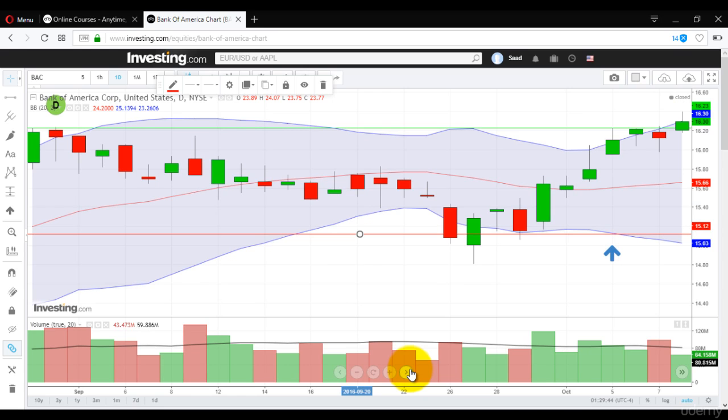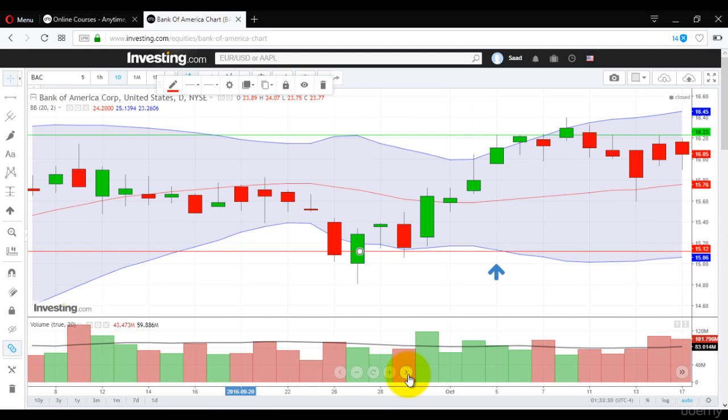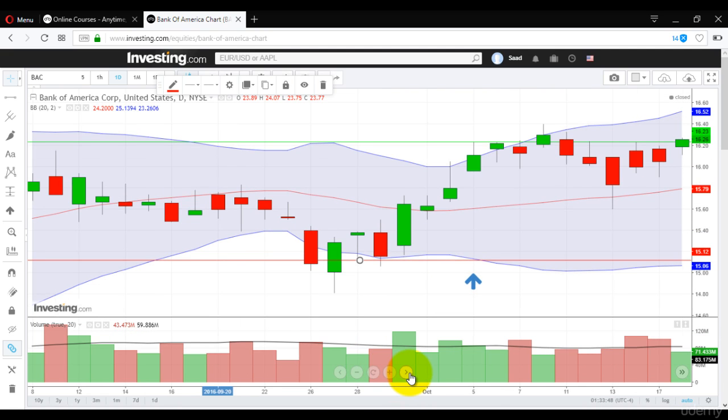1, 2, 3, 4, 5, 6, 7, 8. Now this means if you have bought, let's presume, a weekly expiry option of next week, next Friday, not this Friday, next Friday, then it would have expired either on this day or on this day.